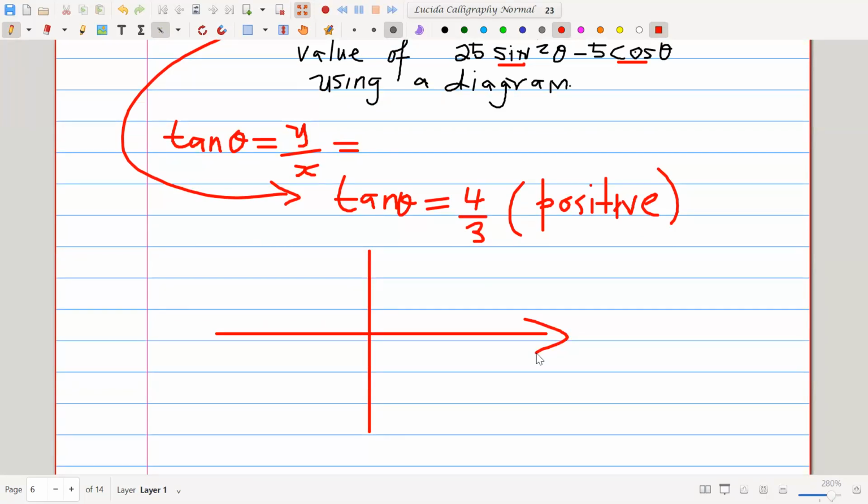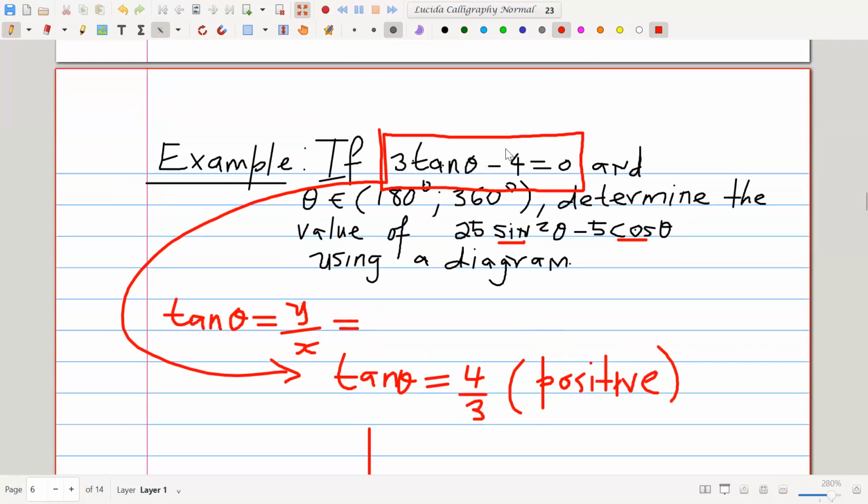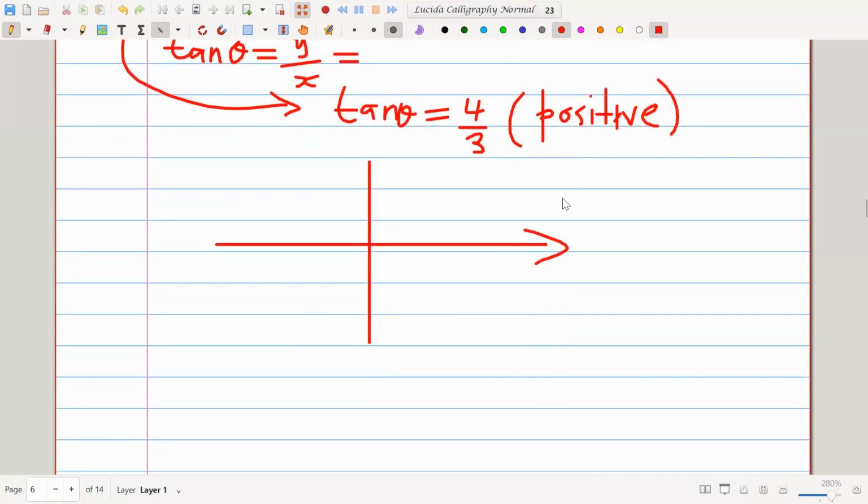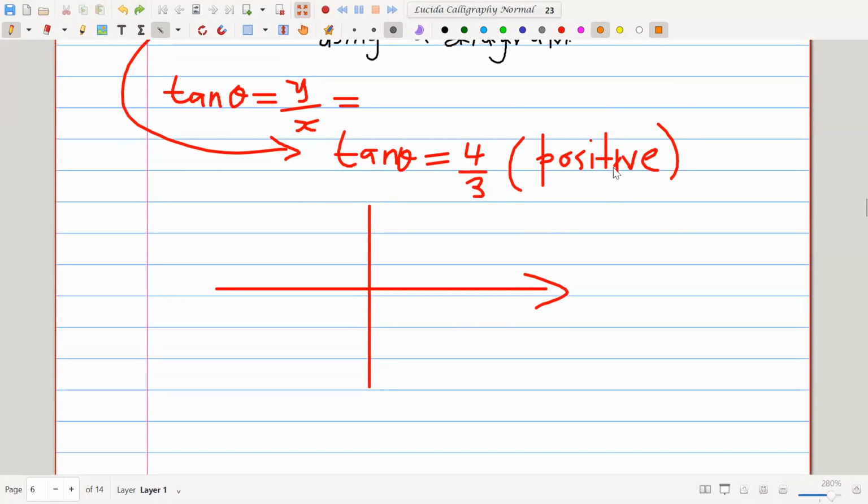So ask yourself, where can I locate this point? You have this information, and theta is between 180 degrees and 360. So theta is somewhere between here and here. How do you tell that theta will lie in the third or fourth quadrant? It's the value of this one that should be guiding you.